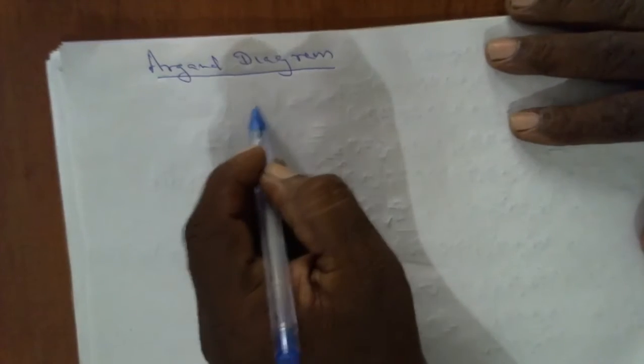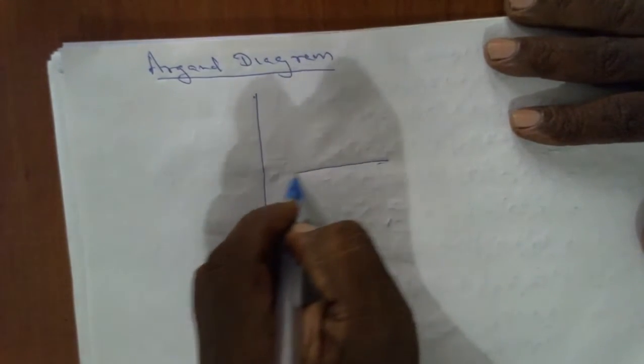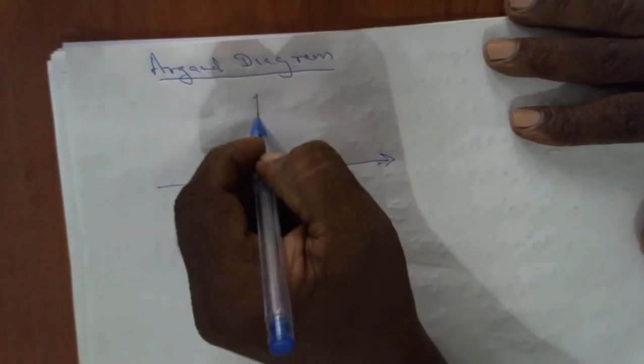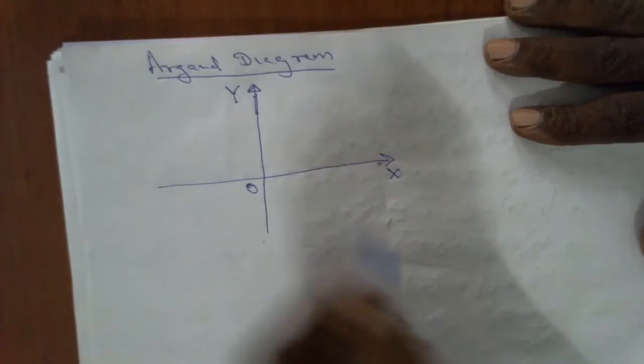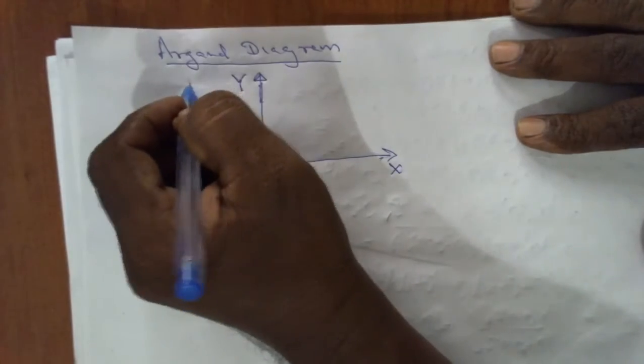That is, the ordinary OXY plane, the rectangular Cartesian coordinate system. This x-axis, this y-axis, right? This is known as the imaginary axis.